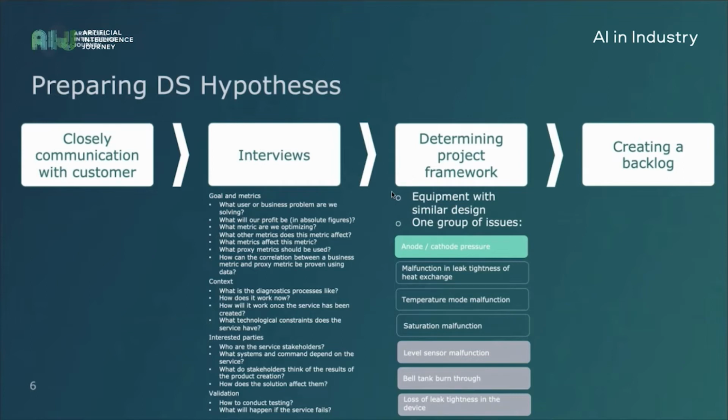It's really, really important to get the customer involved. Also, interviews, continuing business analysis, interviews where we learn more about the technical process, where we evaluate metrics important for the customer, how we plan to test it, and so on and so forth.